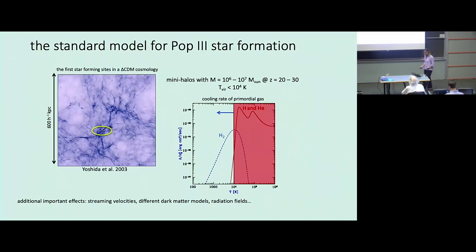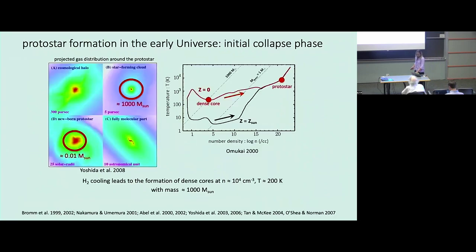You follow H2 cooling in these minihalos, and you can track the first phase of collapse of the cloud, and it's very nicely driven by the physics of molecular hydrogen, completely driven by the physics of H2. So you see the formation of this dense core, and this can be traced to the point at which you have the non-LTE to LTE transition in the level population of H2, and the cooling becomes less efficient.